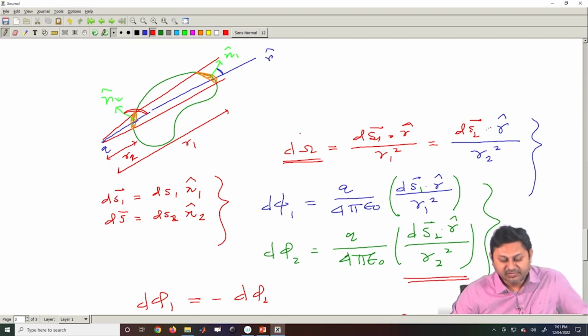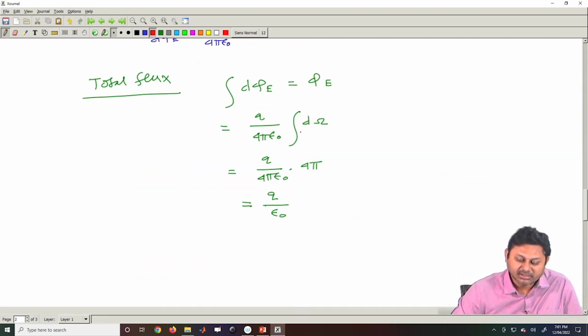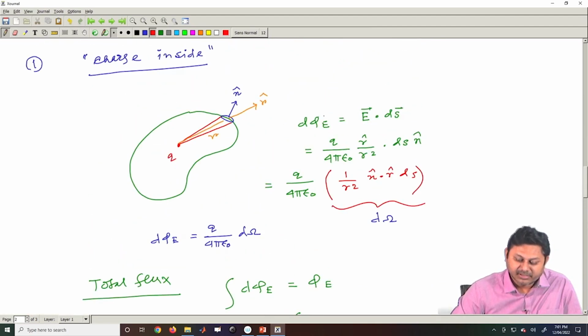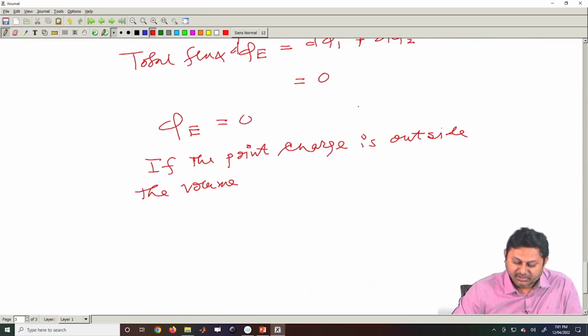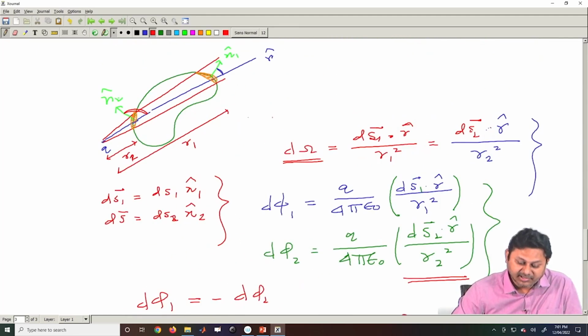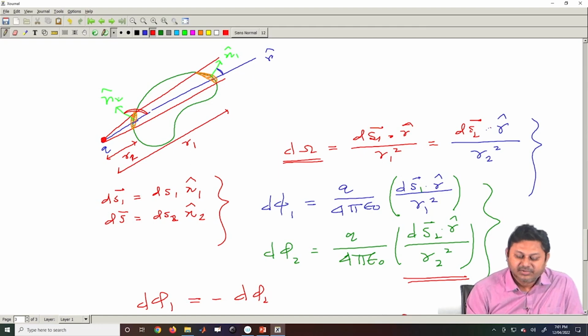Okay. That is also consistent with Gauss's law, because in Gauss's law, if you calculate the closed integral of E dot ds, then it equals q enclosed divided by epsilon 0. But in this case, q is sitting outside, so q enclosed is 0.